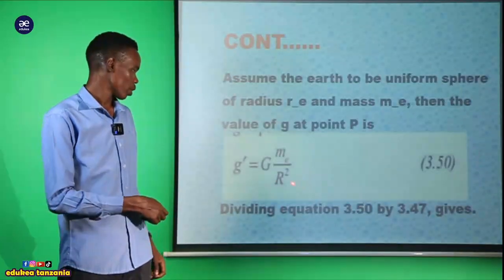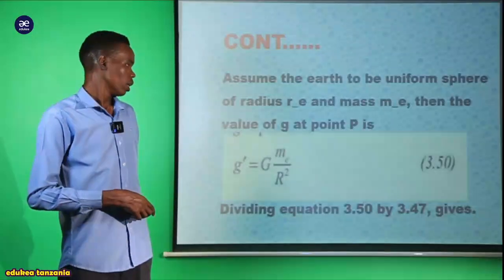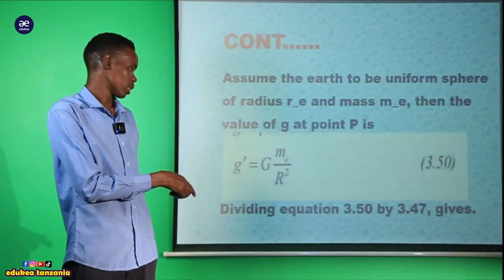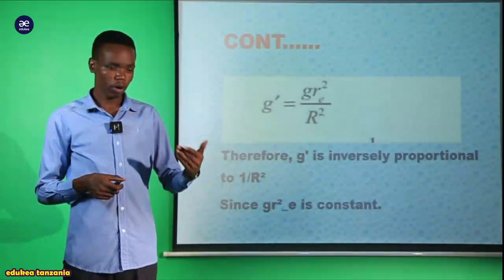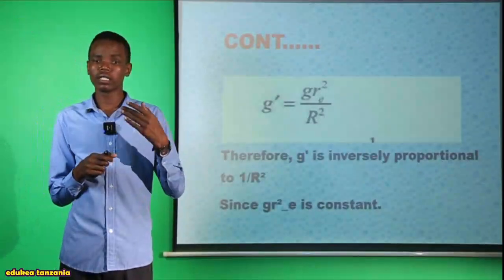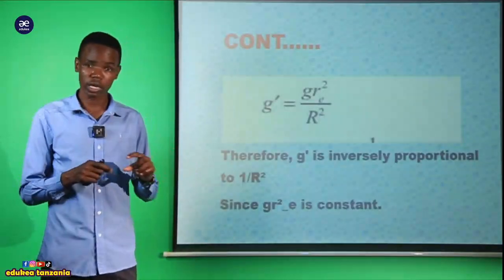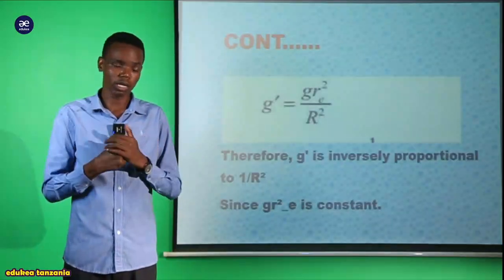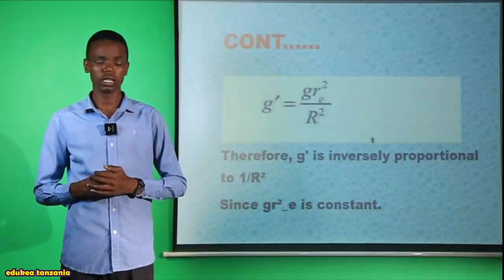How is this obtained? We took the first equation, made the mass of the S the subject, and then substituted into this equation where there is the mass of the S, and we got this equation here. This implies that the acceleration due to gravity at a certain point is inversely proportional to the distance from the center of the body to that point.